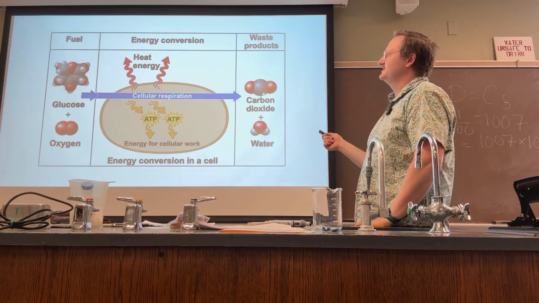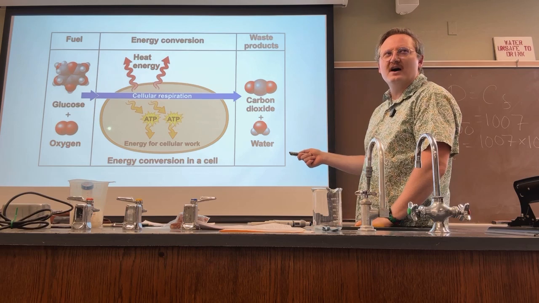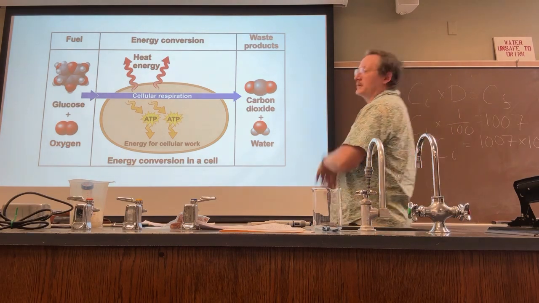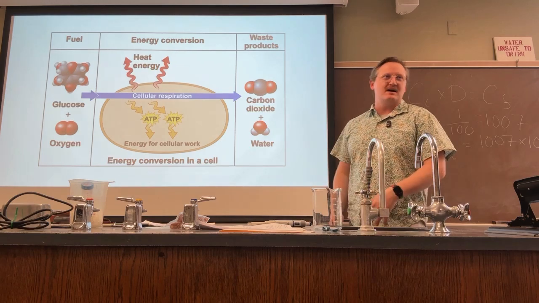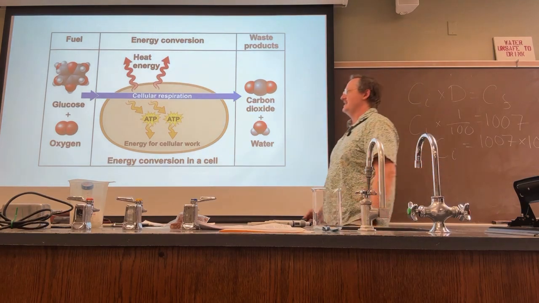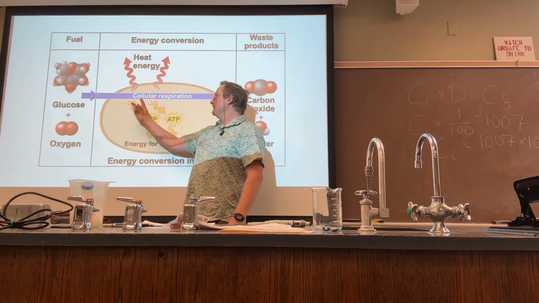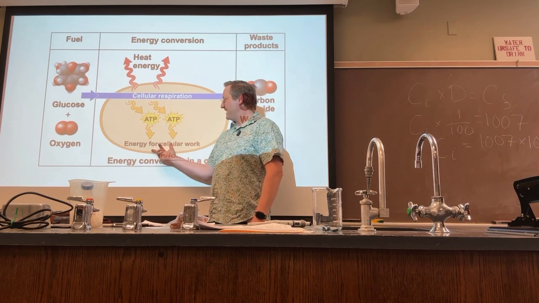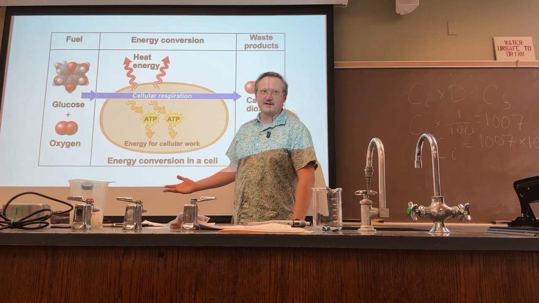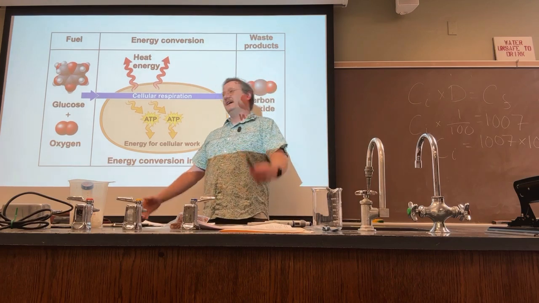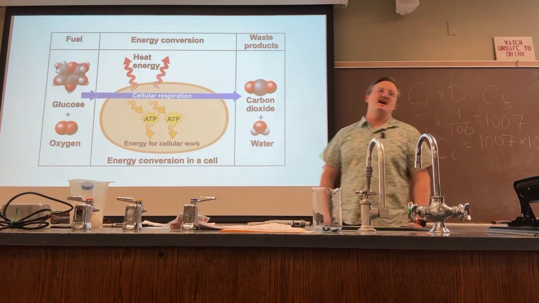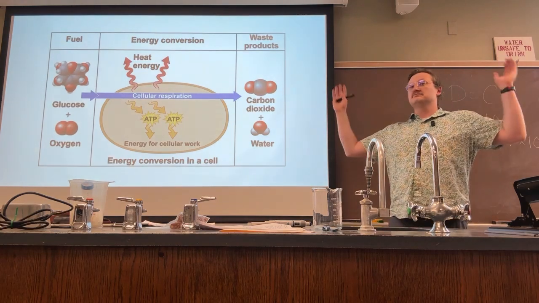It reacts with oxygen, producing carbon dioxide and water, both lower energy molecules, smaller molecules, all right? It's a catabolic reaction. Some of the energy gets stored in ATP, and then it can be used for cellular work. And due to natural inefficiencies within any reaction, some energy is lost as heat. Cool?